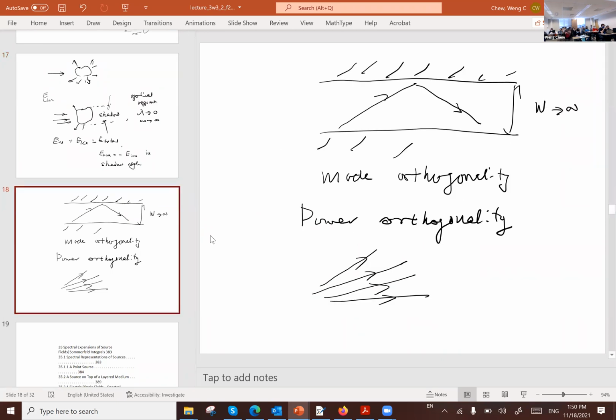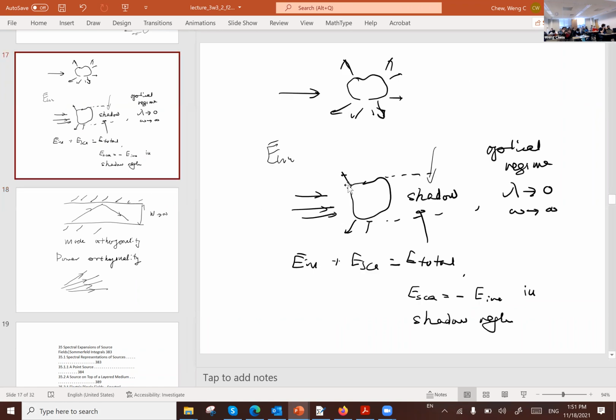And there's another amazing theorem called the Optical Theorem, which says that if you know the forward scattering of an object, you know the scattering cross-section of this object. That is called the optical theorem. It's too hard to prove here. It's valid for all frequencies, not only optics, but even microwave.